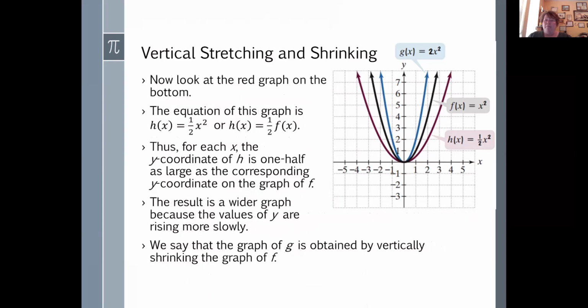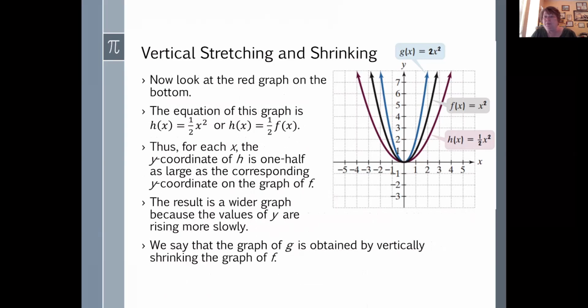What happens when you multiply it by a number between 0 and 1? Well, that has the effect of taking each one of my outputs, each one of my y coordinates, and dividing it by 2. Multiplying it by 1/2, dividing by 2 are the same thing. So each y coordinate gets halved. What's the result of doing that?